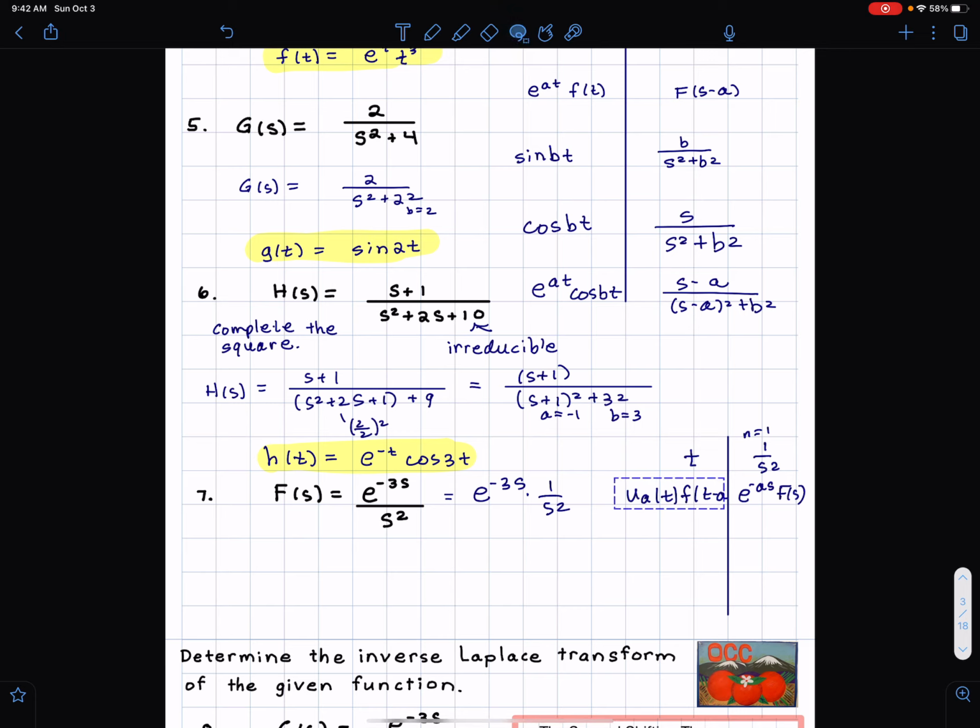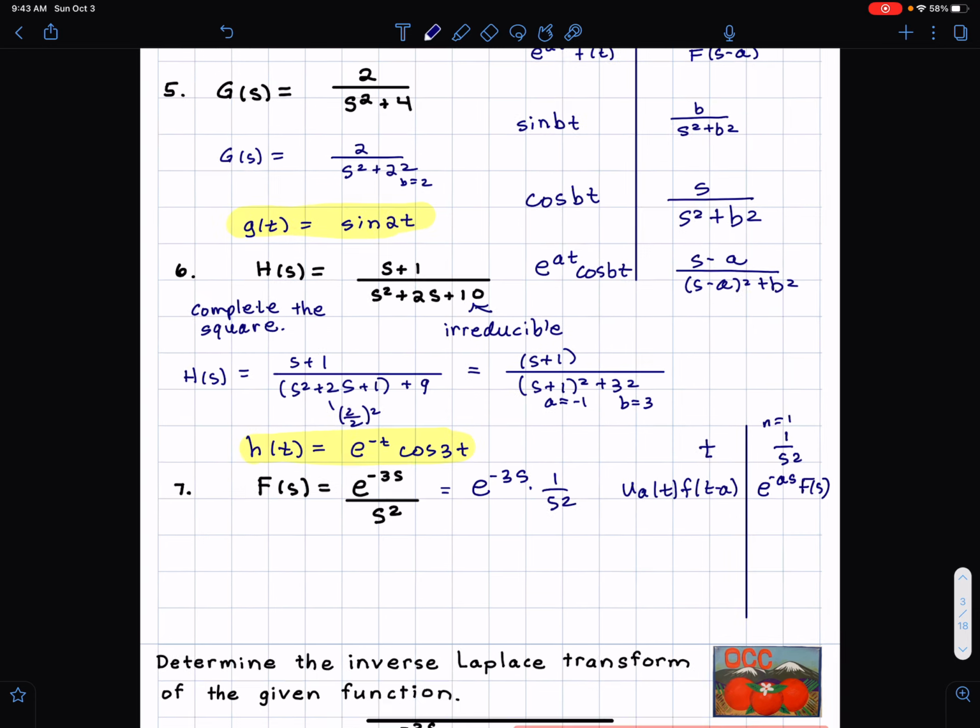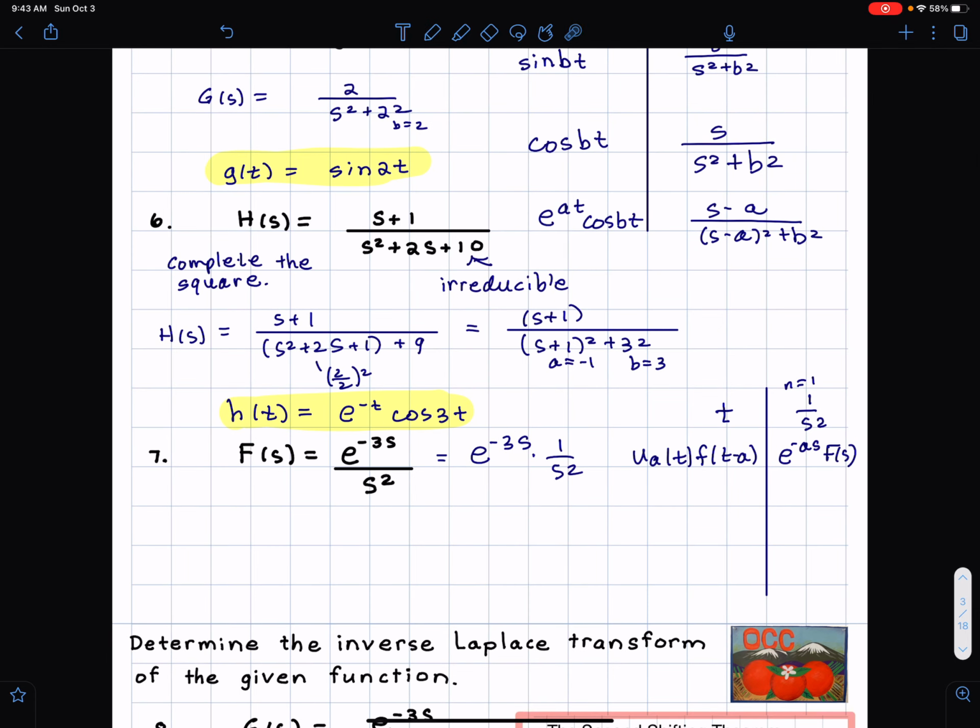So the unit step function is 0 up to a, and then 1 after a. So what that does is it makes this f of t multiplied by 0 before a and then 1 after a. So it's like it's turned off. It's 0 all the way up to a, and then it's equal to f of t minus a after that.